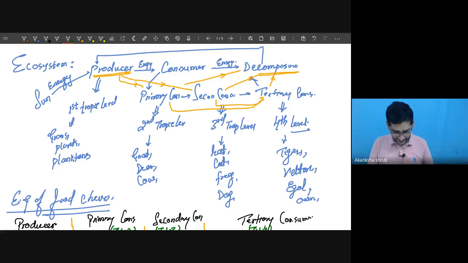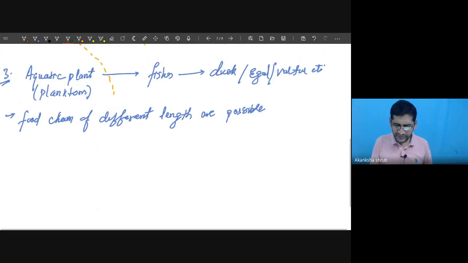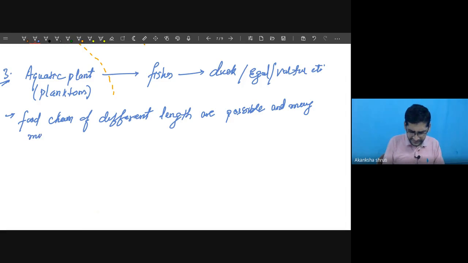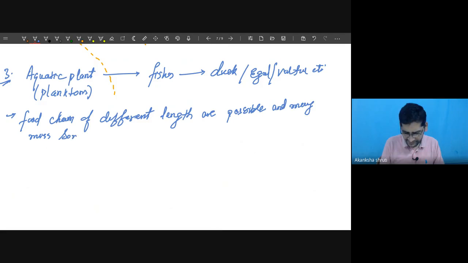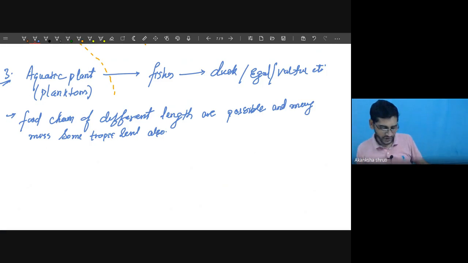So that's why food chains of different lengths are possible, and some trophic levels may be missing. But it doesn't mean we always have only 4 trophic levels; there may be 3 or 2 also.